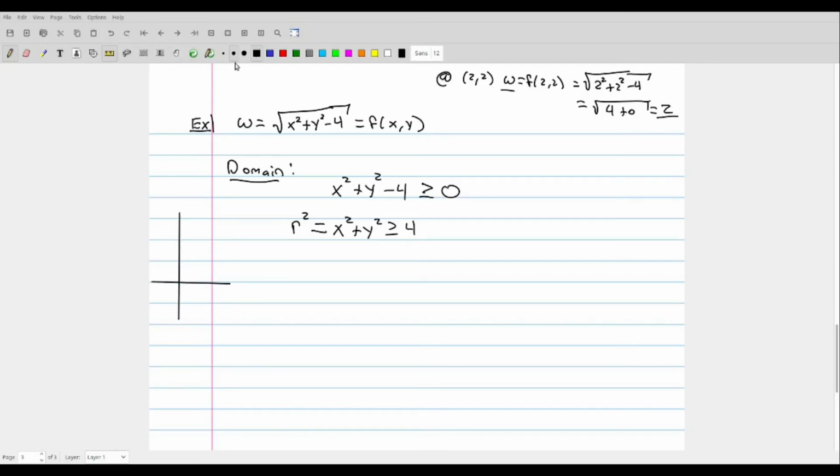For any point x, y, you'll hopefully remember from Calc 3 that r is the distance from the origin. I'm just drawing a picture here that shows this.